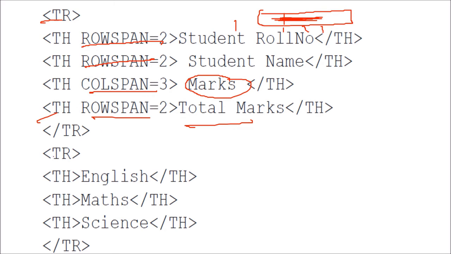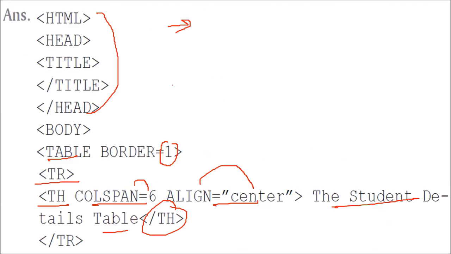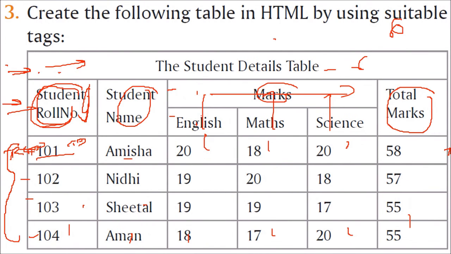Second row end. Now after that there is no problem, and these are to be given in TH. Then TR, these 3 are for the second row. This is the first row. This is the second row. This is the third row. This also comes in the table heading.